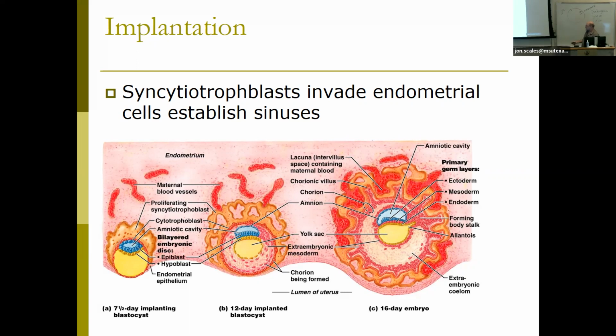This is going to be taking place over a period of about a week following implantation, up to about 14 days. You have the process of the embryo expanding into two layers, and then at the end of that time period, that two-layer embryo is going to undergo the process of gastrulation.